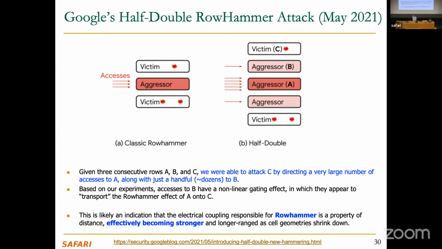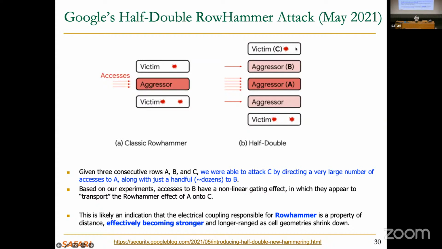In that paper, if you activate aggressor row A many times, and then activate aggressor row B a little bit, you would cause bit flips in the victim row C. That's interesting, right?